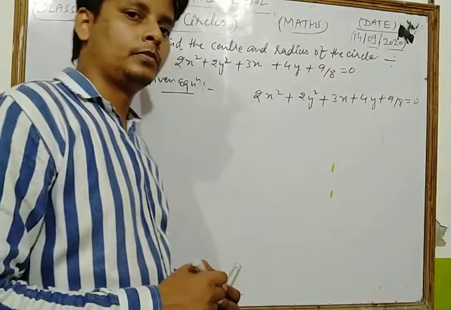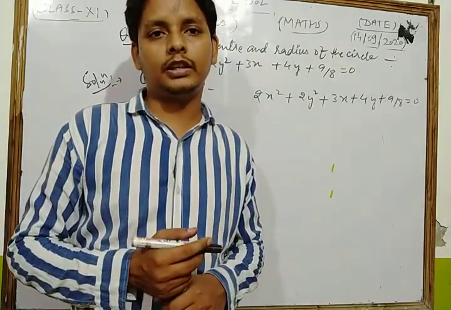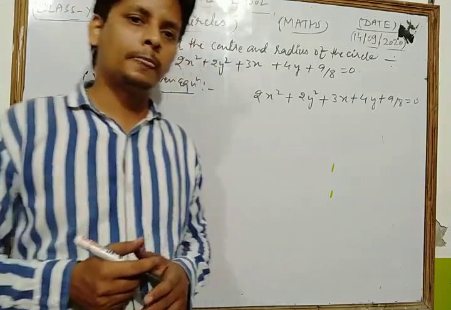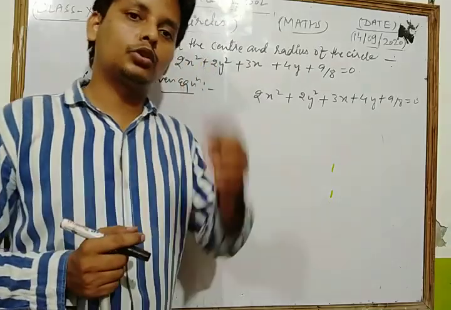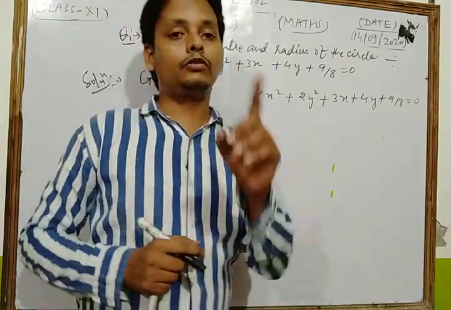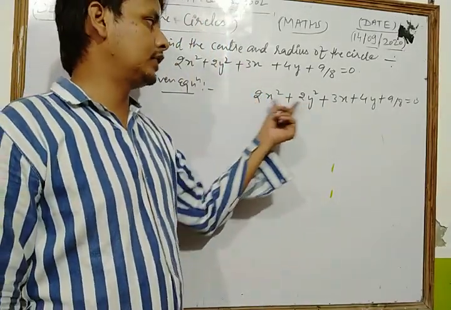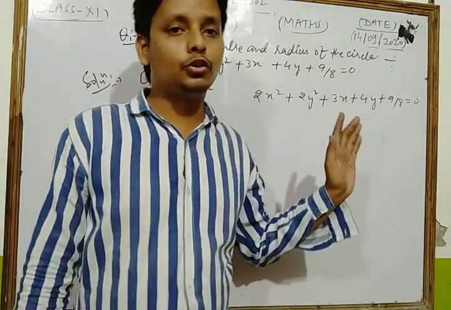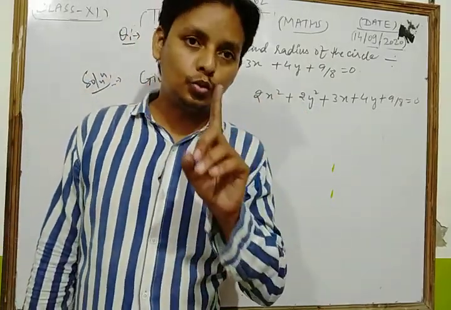Dear students, the form of the general equation of the circle is x² + y² + 2gx + 2fy + c = 0. In the general equation of the circle, the coefficient of x² and y² is always the same and equal to 1. Here the coefficient of x² and y² is 2, so first we divide the whole equation by 2 to make the coefficient of x² and y² equal to 1.